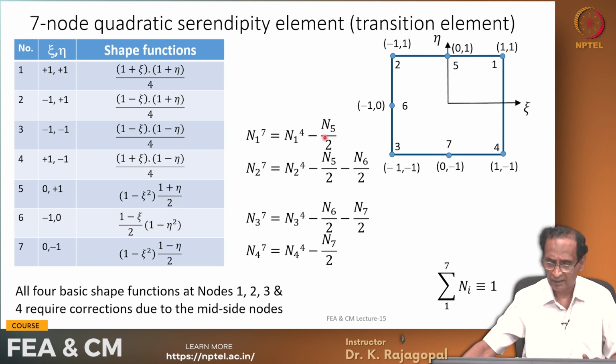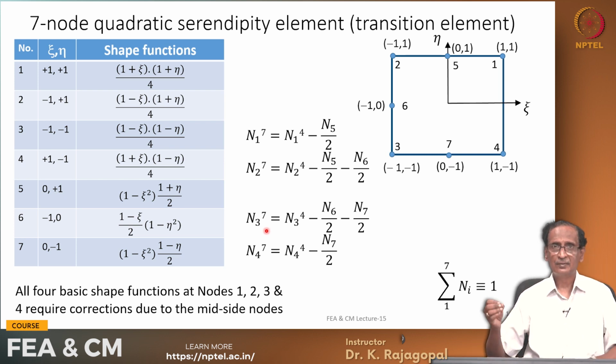Okay, and the correction for N1 is that N1 for the 7 node quadrilateral element is N1 for the 4 node element minus N5 by 2, N2 for the 7 node element is N2 for the 4 node element minus N5 by 2 minus N6 by 2. Similarly, we can do for all the other nodes, and we can do this just by observation.